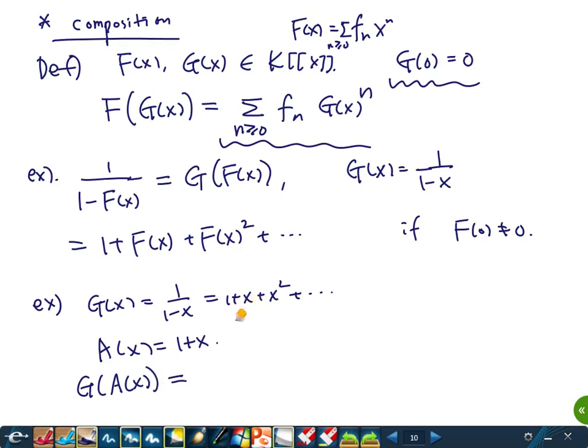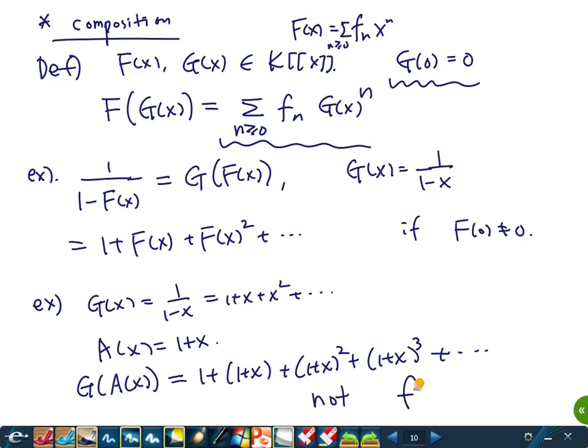You just plug in, you just substitute x by 1 plus x. 1 plus x, 1 plus x squared, 1 plus x cubed. This is not a formal power series. You cannot compute the constant term in finite time because every term has a non-zero constant term. So if you want to get the whole constant term, you have to add infinitely many times. So it's not a formal power series. So that's why this is important.